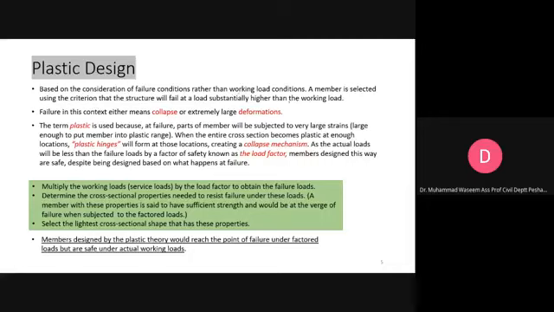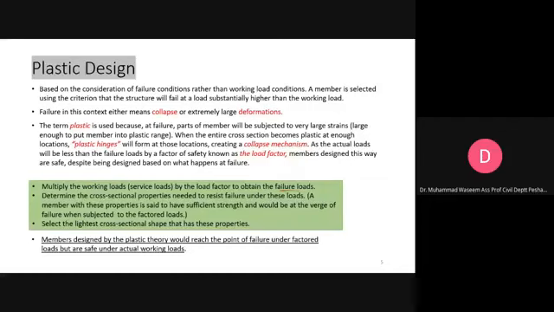A member is selected using the criterion that the structure will fail at a load substantially higher than the working load, and that failure will be demonstrated in terms of collapse or extremely large deformation in the member. How do we do this? We increase the working loads, sorry, service loads, by multiplying them by a load factor to obtain the failure loads.